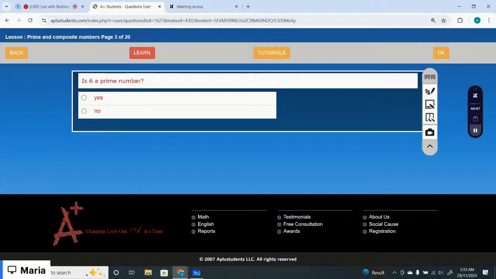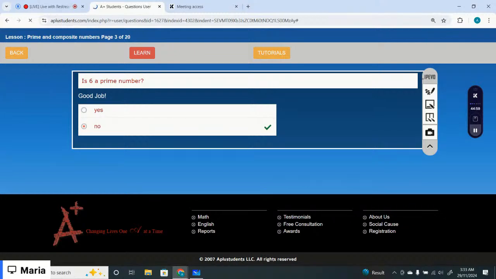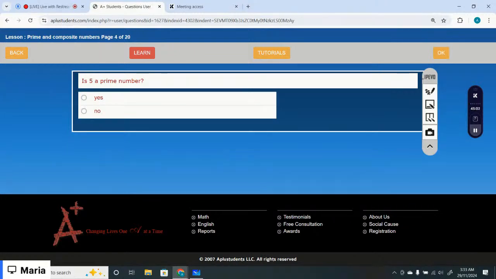Is 6 a prime number? No, 6 is not a prime number. 6 times 1 is 6 and 2 times 3 is 6. So 6 has more than two factors. 6 is a composite number. Is 5 a prime number?